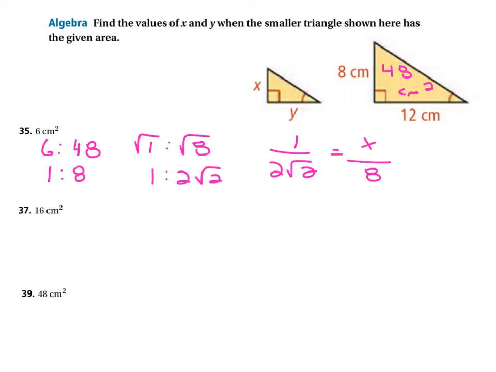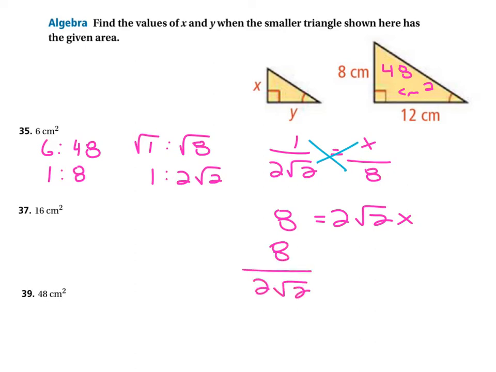So we multiply the diagonals, and we get 8 equals 2 root 2x. Sorry about that. 8 equals 2 root 2x by multiplying the diagonals. And now we divide both sides by 2 root 2. So we get 8 divided by 2 root 2 equals x.